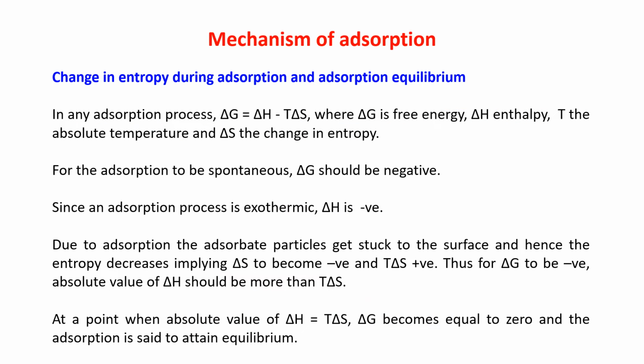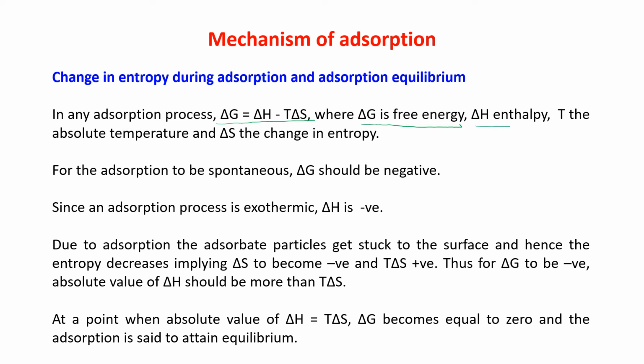Now, change in entropy during adsorption and adsorption equilibrium. In any adsorption process, delta G is equal to delta H minus T delta S, where delta G is known as free energy. You all know about it, free energy change.